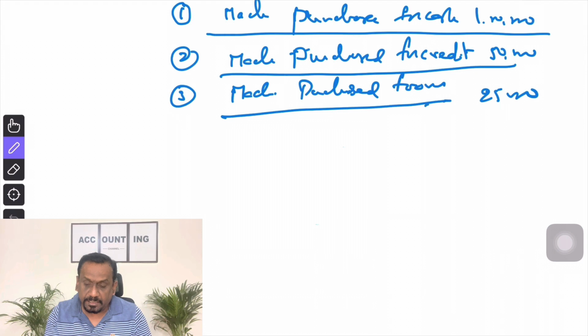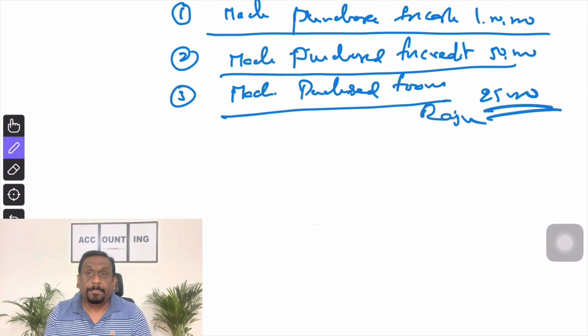Machinery purchased from Raju, 25,000. In this transaction, did they say machinery purchased from Raju for cash? No. Nothing was mentioned about cash. Did they say machinery purchased from Raju for credit? Even credit they did not mention. What did they mention? Machinery purchased from Raju.